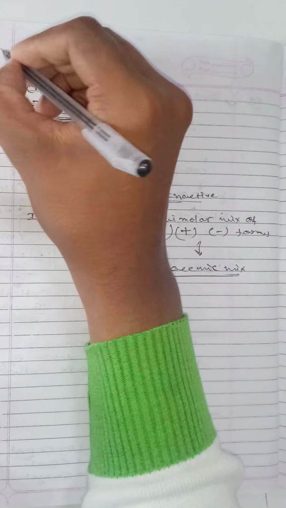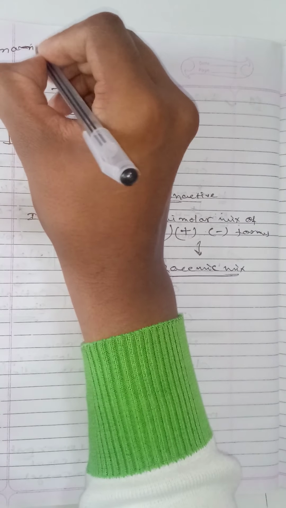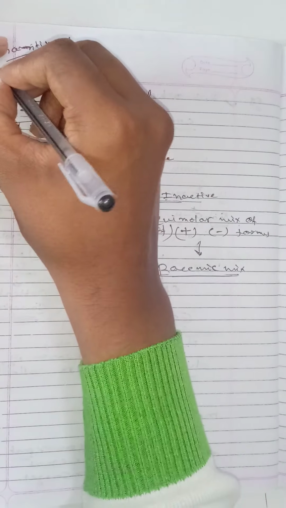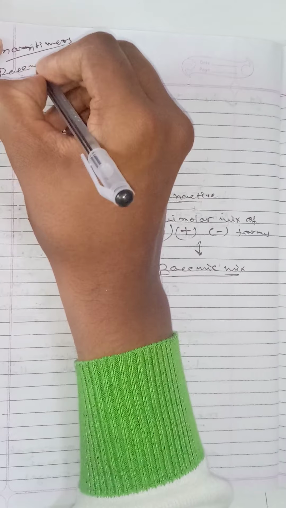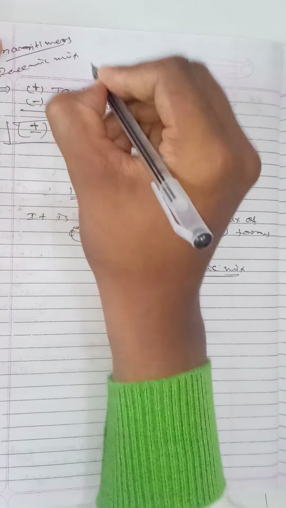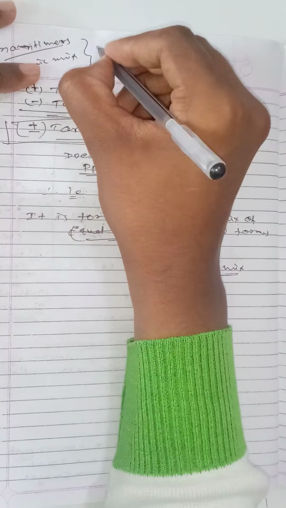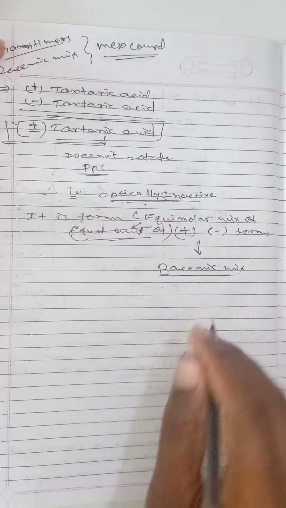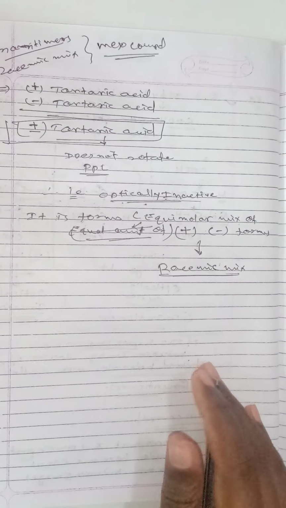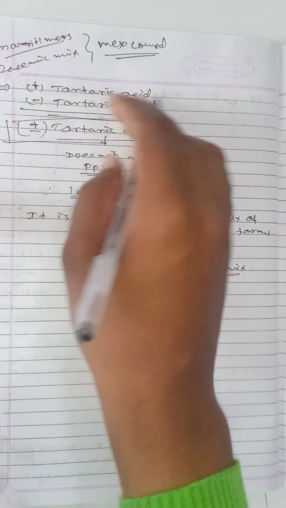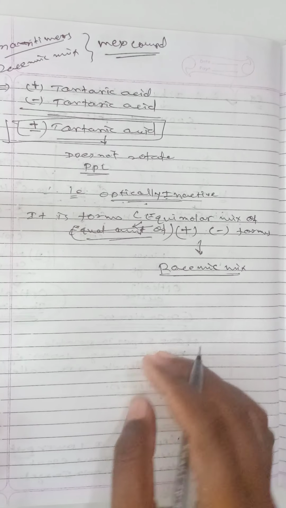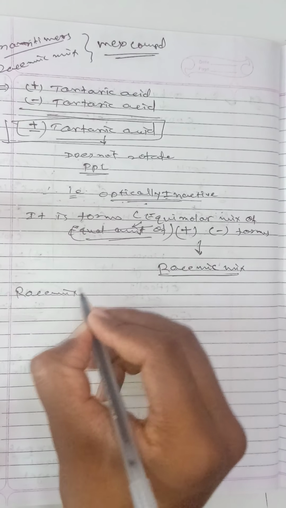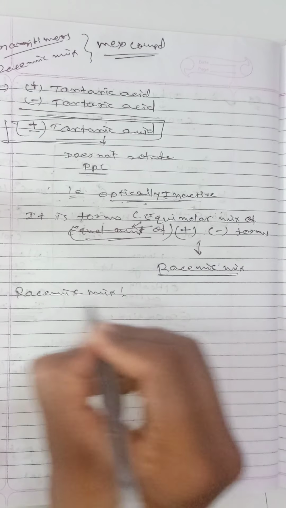So here enantiomers, then racemic mixture, and then meso compound. These are all interrelated with each other. So what is a racemic mixture?